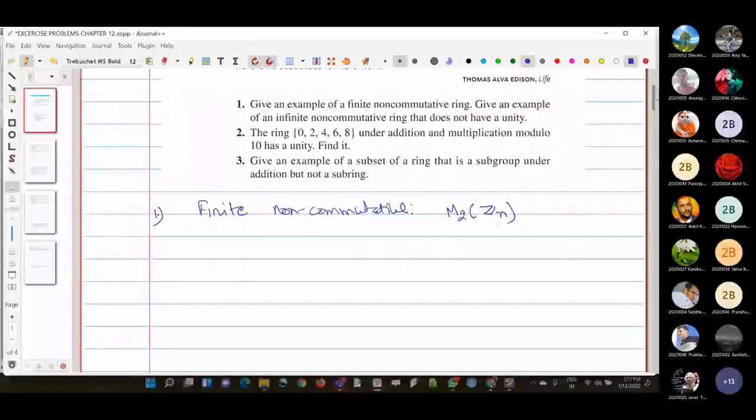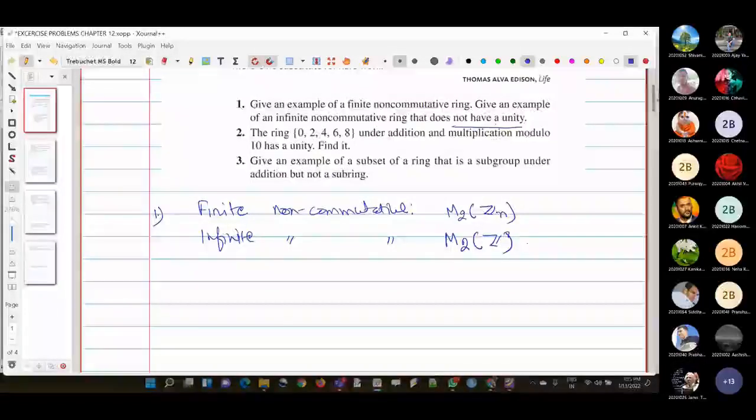For a finite non-commutative ring, we can take this one. And if you want an infinite non-commutative ring, we can take M, the set of all matrices of 2 by 2 type, and because we want infinite, we can take the elements from Z. And they are again saying that it doesn't have a unity.